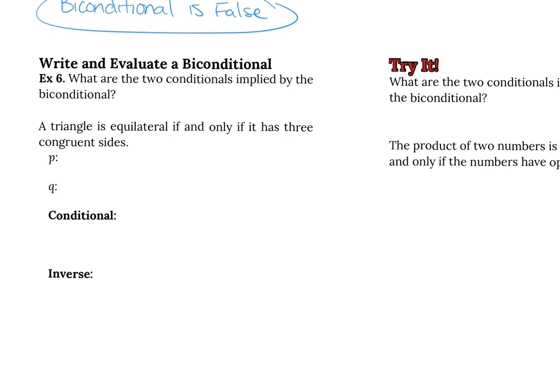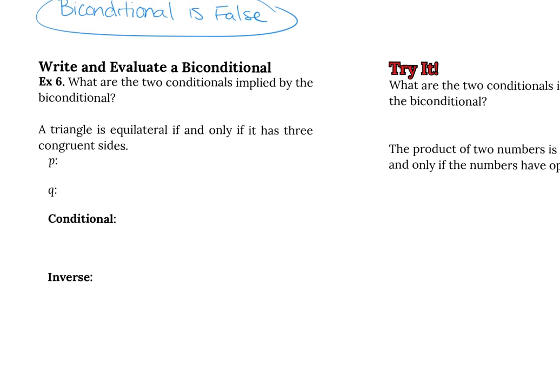So our hypothesis is that a triangle is equilateral. And our conclusion is that it has three congruent sides.